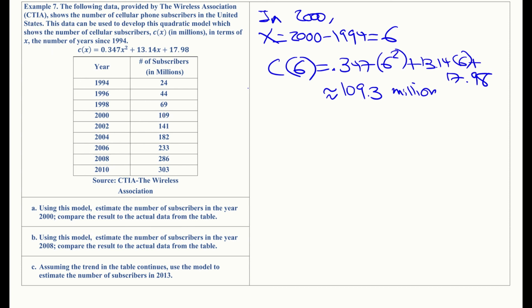Okay, so using this model, estimate the number of subscribers in 2008. So you're going to do exactly the same thing. In 2008, X is going to be 2008 minus 1994. Remember, the number of years since 1994. 4 from 8 is 4, and 9 from 10 is 1.